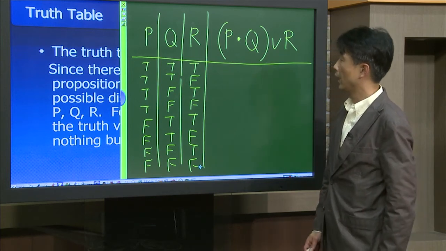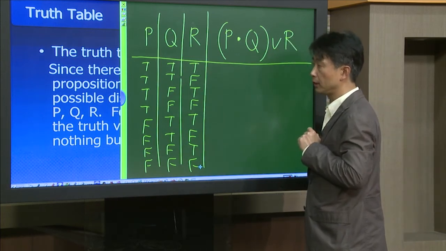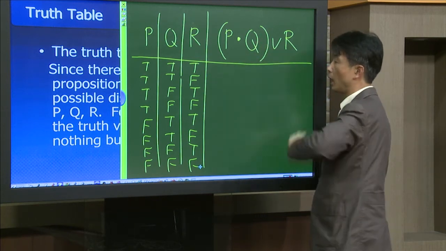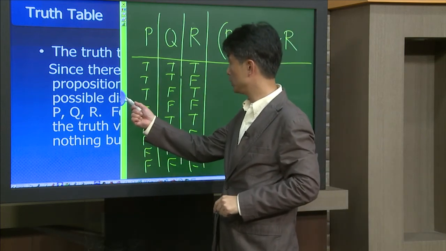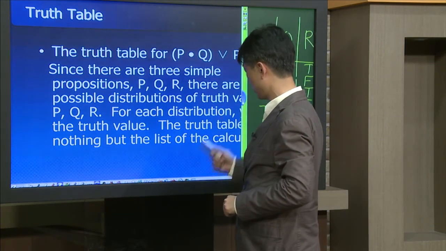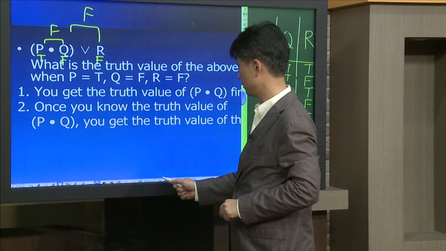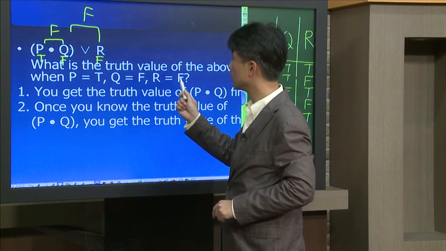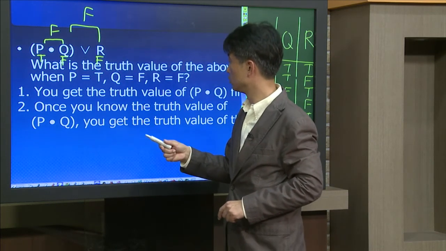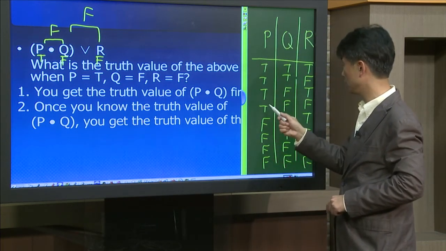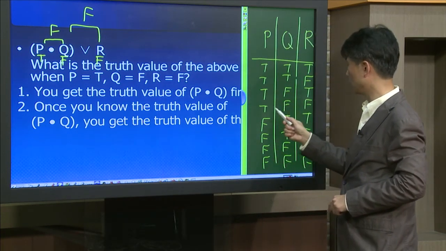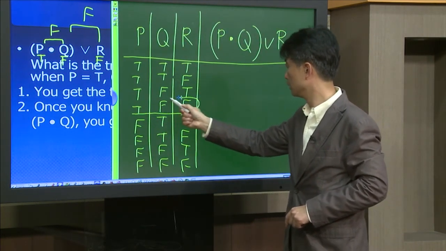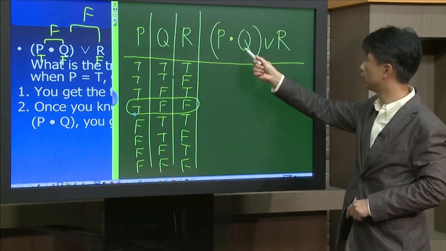And for each of these, you get the truth value for P dot Q or R. When P is true, Q is false, and R is false, the truth value is F. So we already got the truth value for T, F, F, the first one.